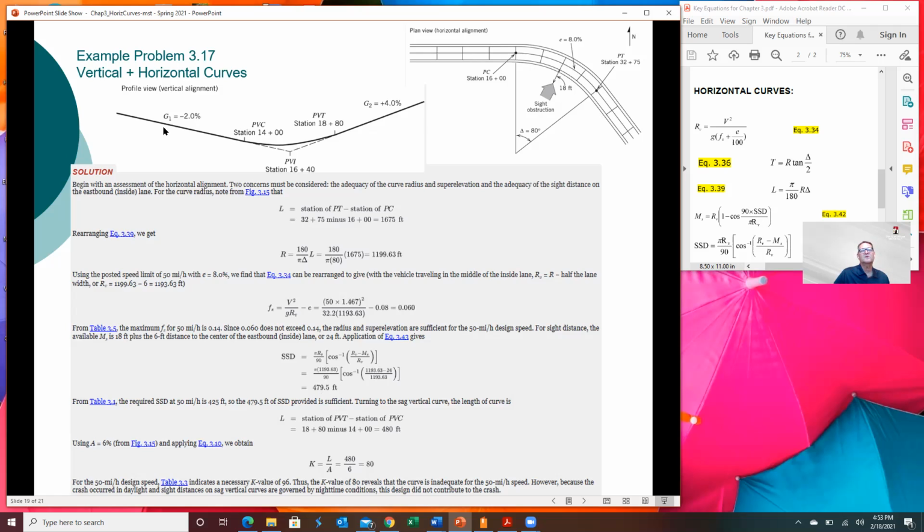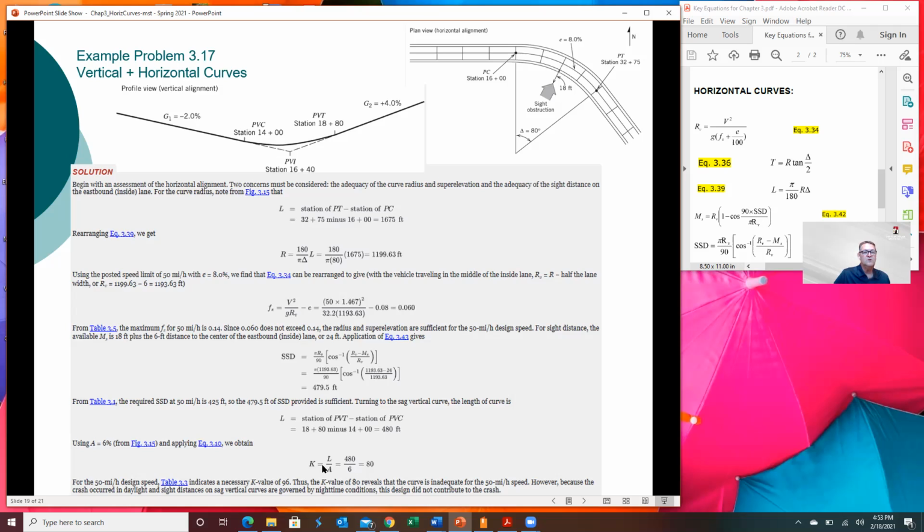Now you need to turn to the vertical curve and make sure that it meets the stopping sight distance requirement, okay? So if you go to the sag vertical curve, once again, they give you these two stations so you can figure out the length of the curve, 18 plus 80 minus 14. That means the length of the curve is 480.